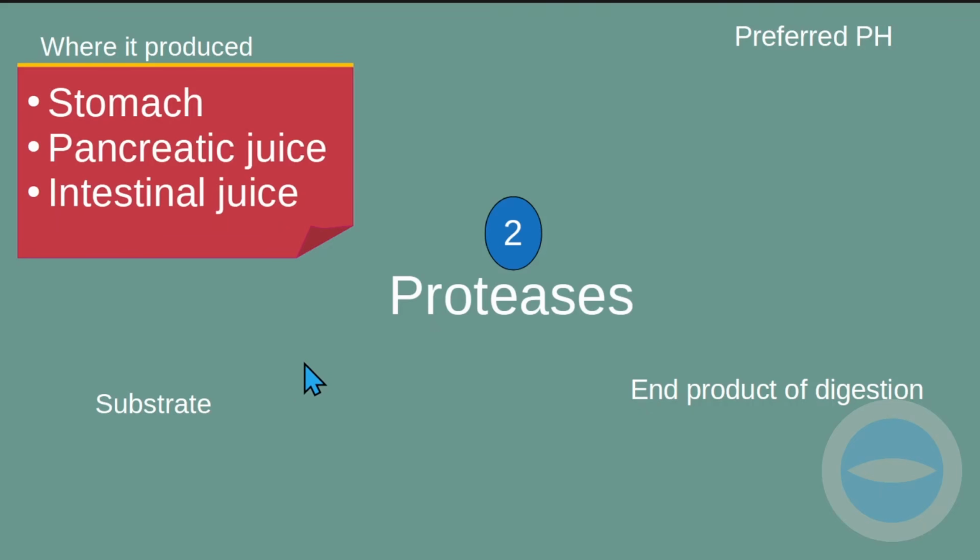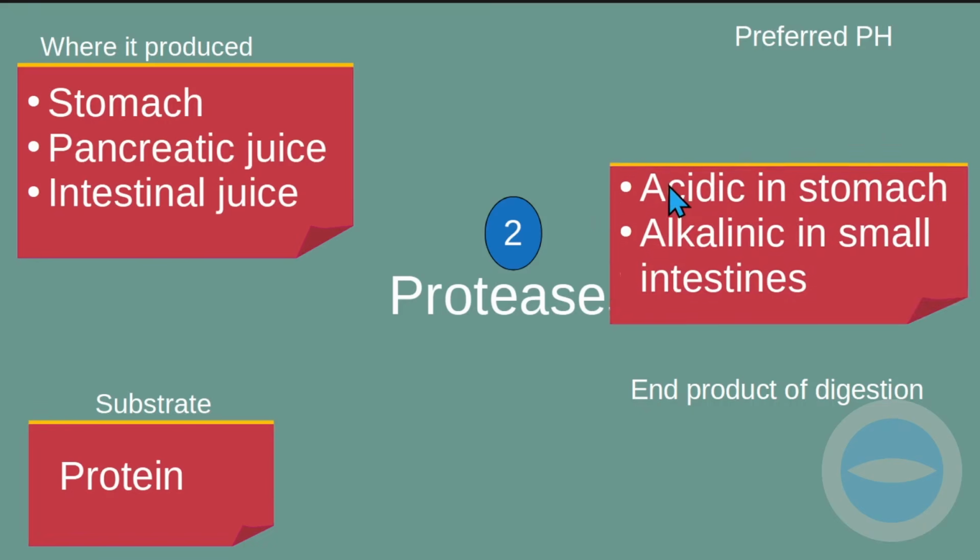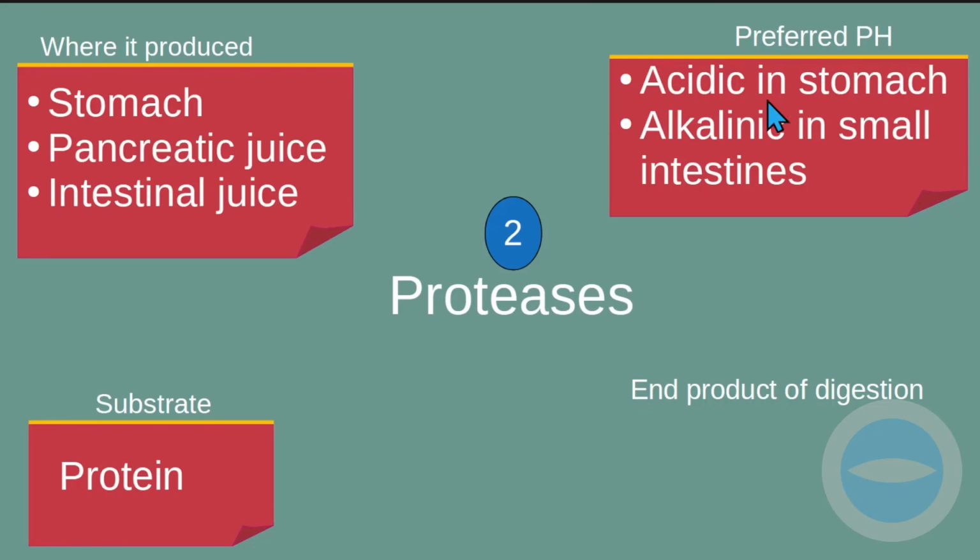And then the substrate. The substrate is protein. Like I said, for the enzyme, we just add "-ase" at the end of the substrate. So the enzyme is protease, and the substrate is protein. Then the preferred pH of the reaction is acidic in the stomach, because this enzyme is produced in the stomach, and we know that the stomach is acidic.